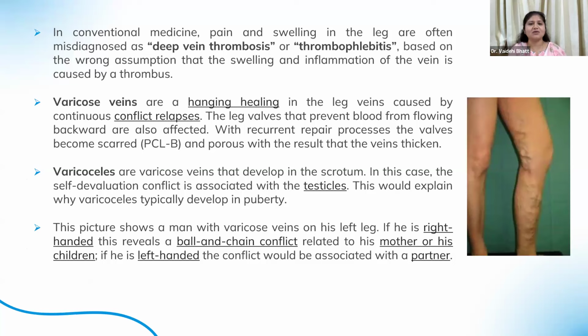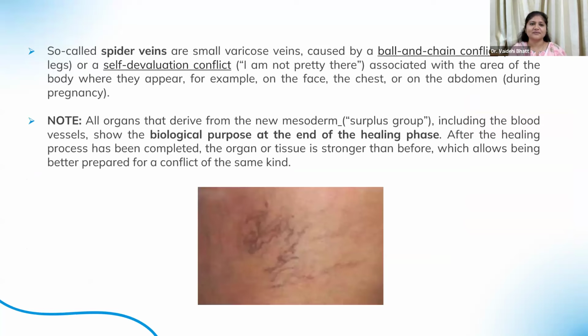Varicocele can also develop due to self-devaluation, associated with the testicles. And spider veins develop due to, again, a self-devaluation conflict, as in 'I'm not pretty, I am not accepted by her or him,' and that will lead to a problem in the cosmetic look and development of varicose veins.